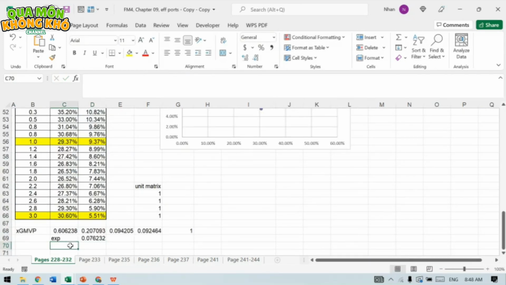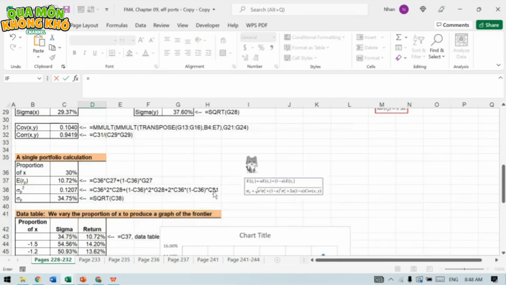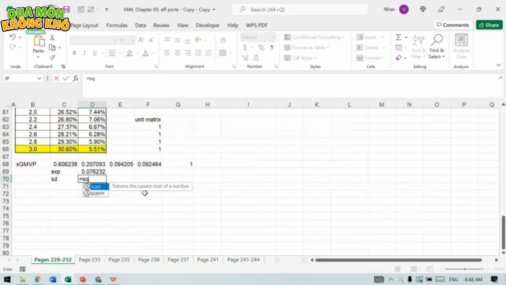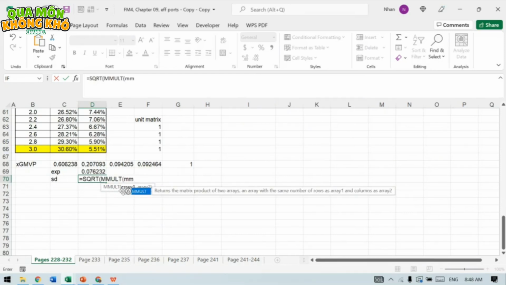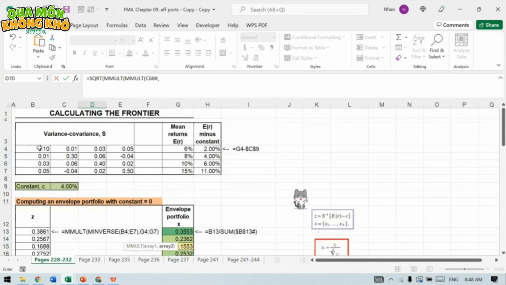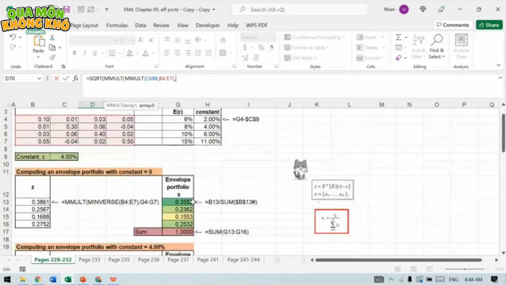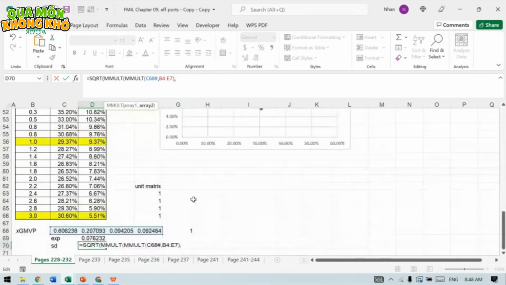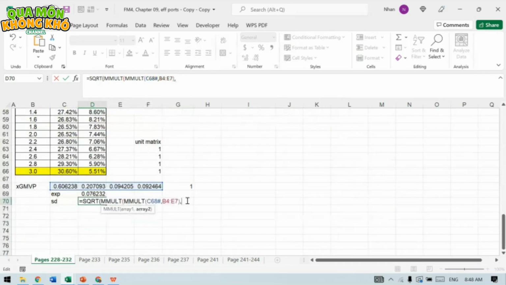And the standard deviation is equal to the square root of the variance, and the variance covariance, and then the transpose of here.